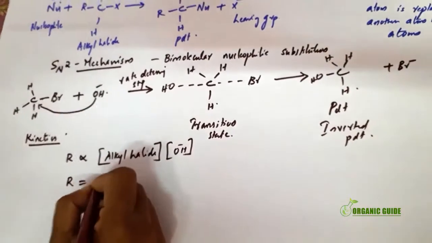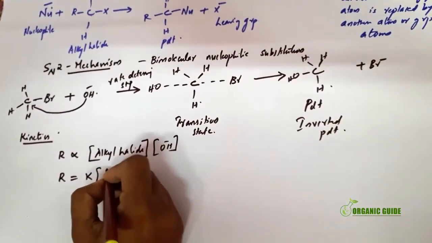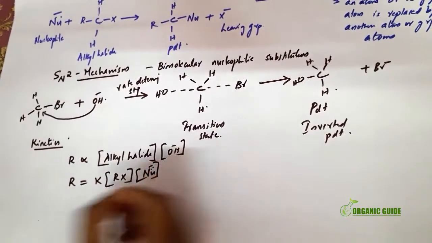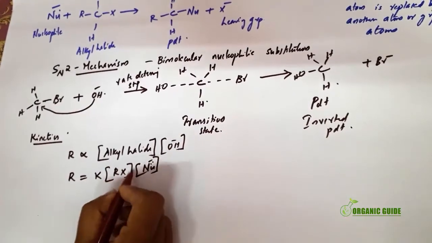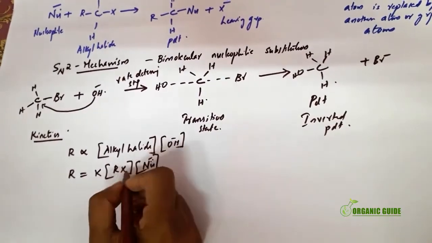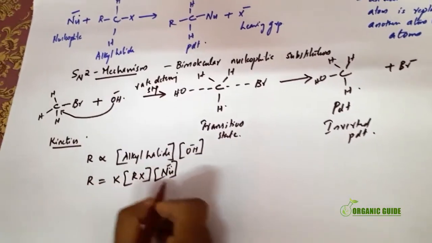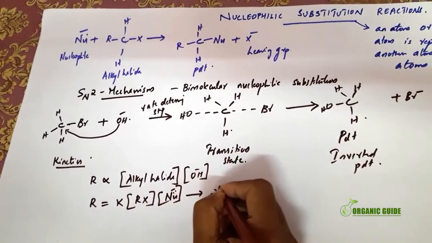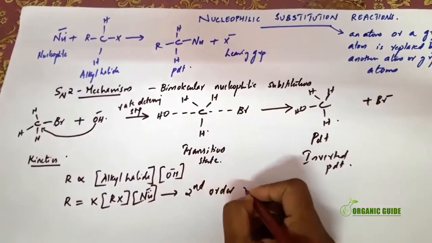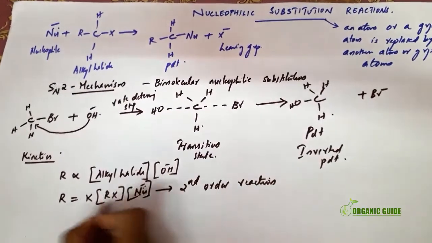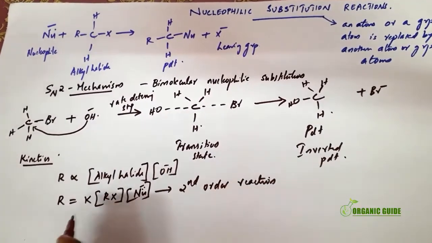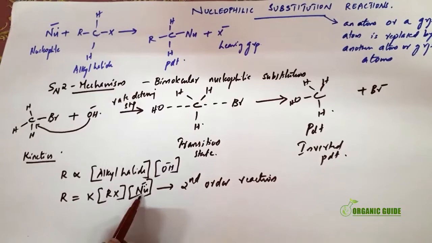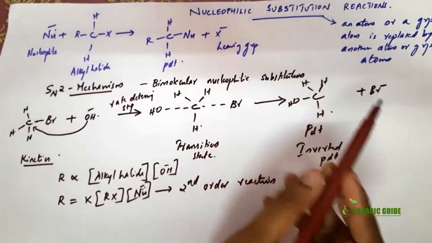So rate is equal to K into the concentration of alkyl halide, which I am representing as RX, into the concentration of nucleophile. This is the rate equation or kinetic equation for the SN2 mechanism, and this is a second order reaction. As the equation indicates, the rate equation includes both the concentration of alkyl halide and nucleophile. That is why it is known as bimolecular nucleophilic substitution.